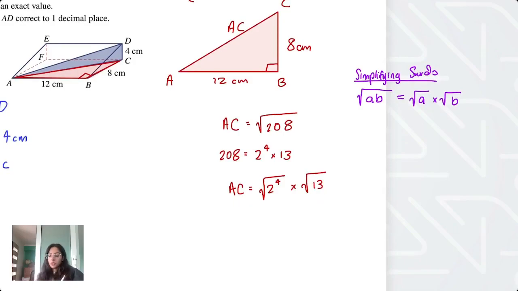Can someone tell me what is the square root of 2 to the power of 4? And then I just write root 13. And can I simplify 13? No, because it's a prime number. So that's how we simplify surds. Please make sure that you understand how to simplify surds, guys.